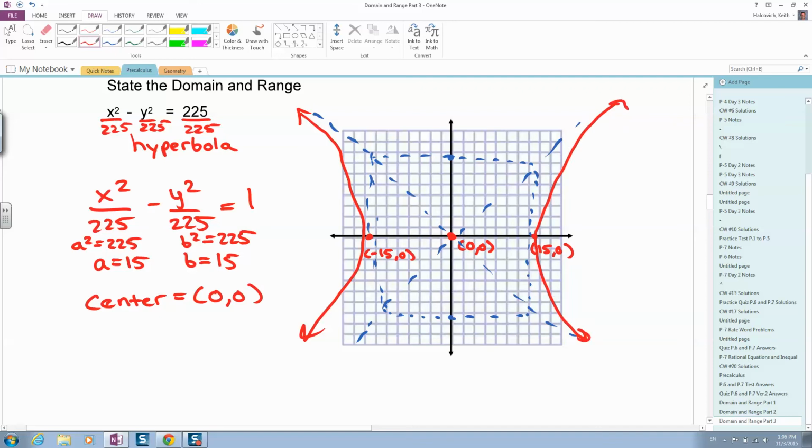Now, as far as domain and range go, depending upon which direction it goes, here the domain, notice x can be anything less than negative 15, and then anything greater than 15.